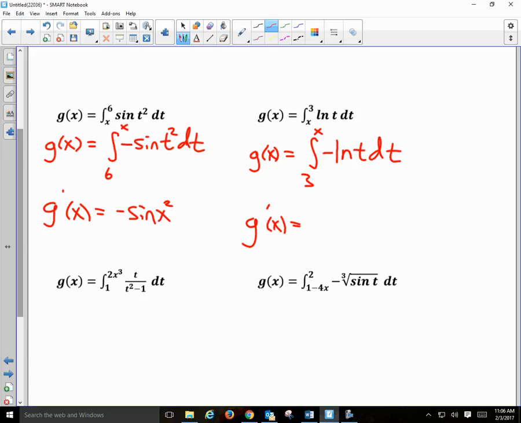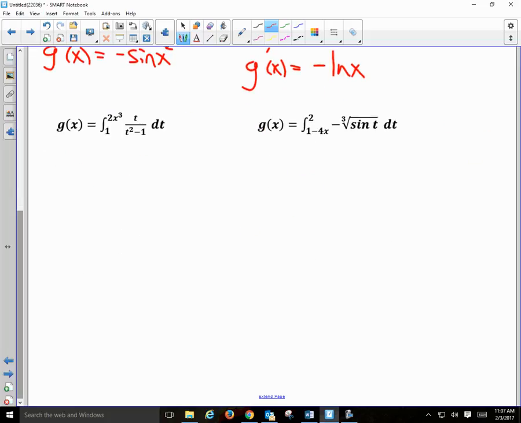And I get negative natural log of x. A lot of people take the derivative of negative natural log, which would be negative 1 over x. That's what a lot of people will write on the test. Don't do that. That's the second derivative. That's g double prime. Don't do that.